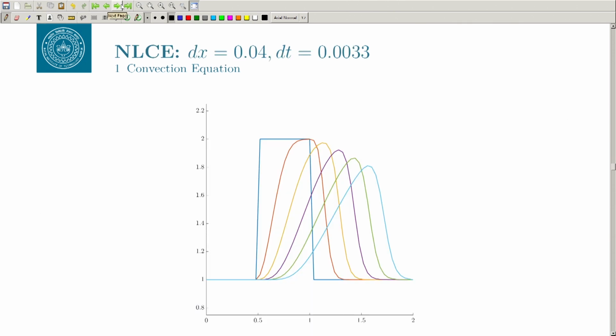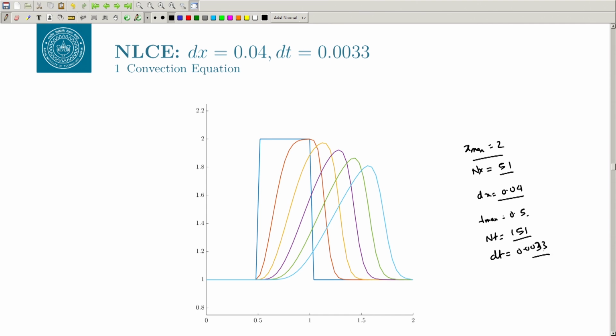Once you solve it, it is a very coarse grid. Your x max is still 2 and nx is equal to 51. That gives you dx equal to 0.04, and your t max is 0.5 and nt, if I am not wrong, is around 151, and that gives your dt equal to 0.0033.